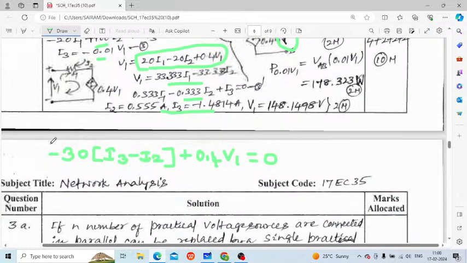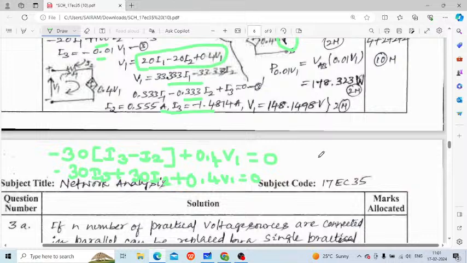When you solve this, what do you get? Minus 30 I3 plus 30 I2 plus 0.4 V1 is equal to 0. Fine? Okay. So now we have to substitute all the values, students. I3 you know as minus 1.4814.